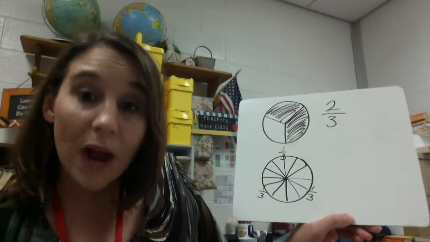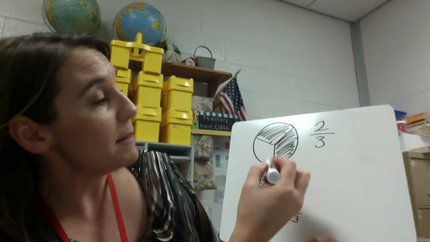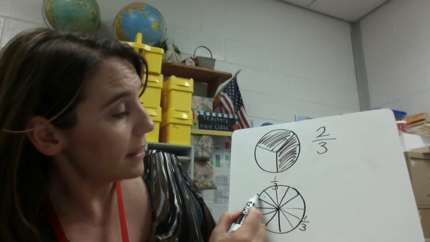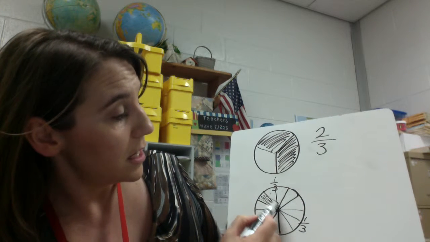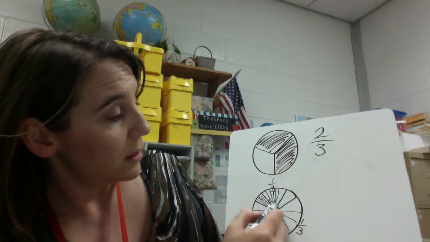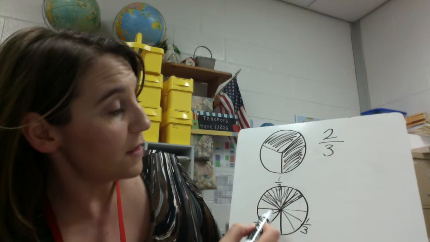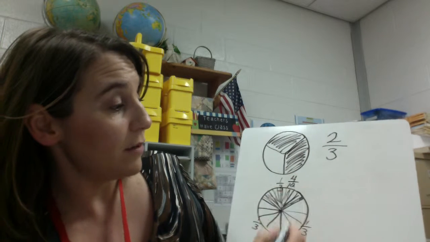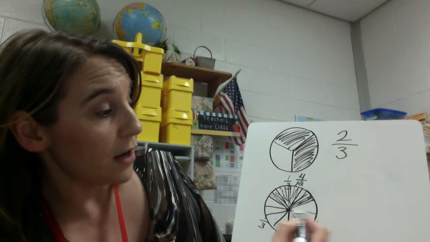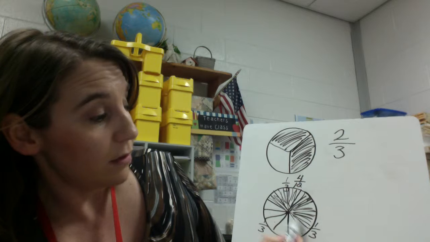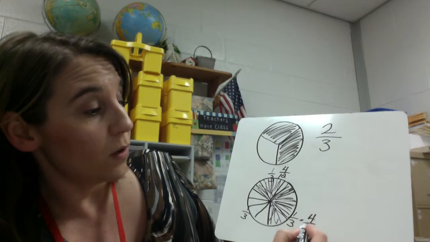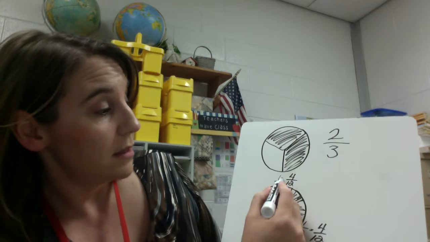Now I have twelfths. Remember that initial third was this amount right here. That was a third. Now that's the same as 4/12. Another third, 1, 2, 3, 4, is another 4/12.